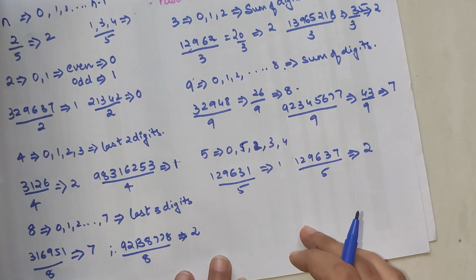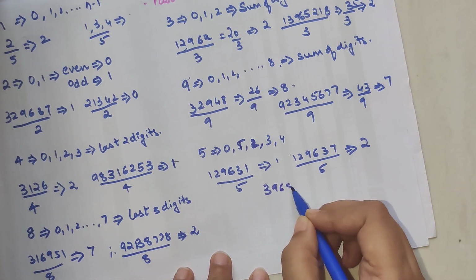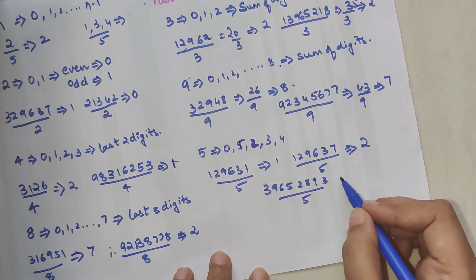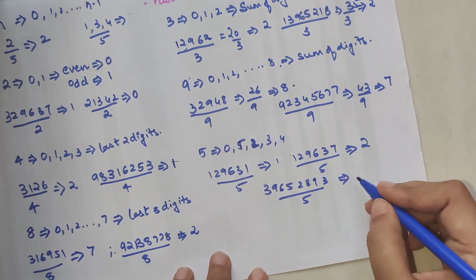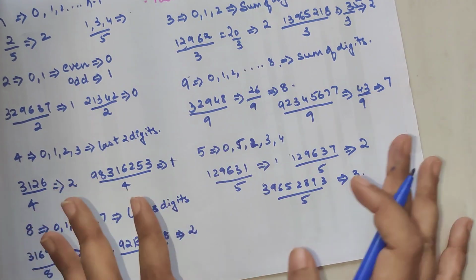Okay. So let's take a bigger number. 39652893, divide by 5. Because 3 is less than 5, my remainder is just 3. Okay, so you saw how easy this entire thing became.